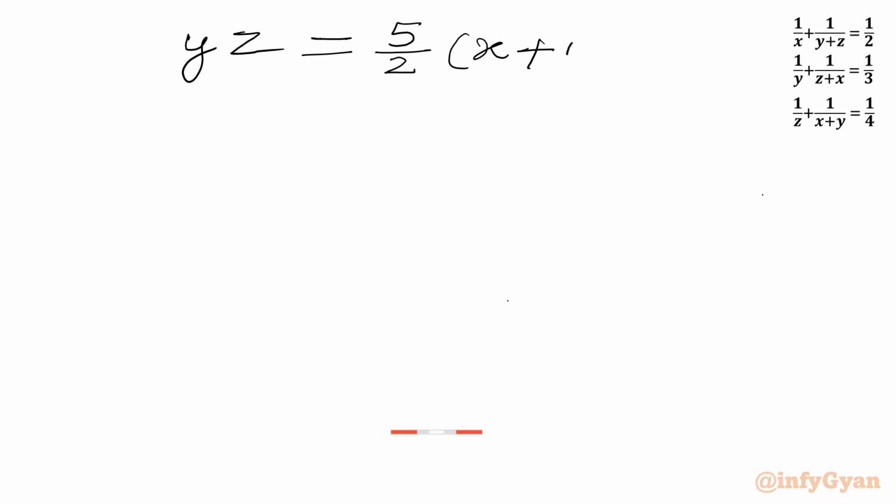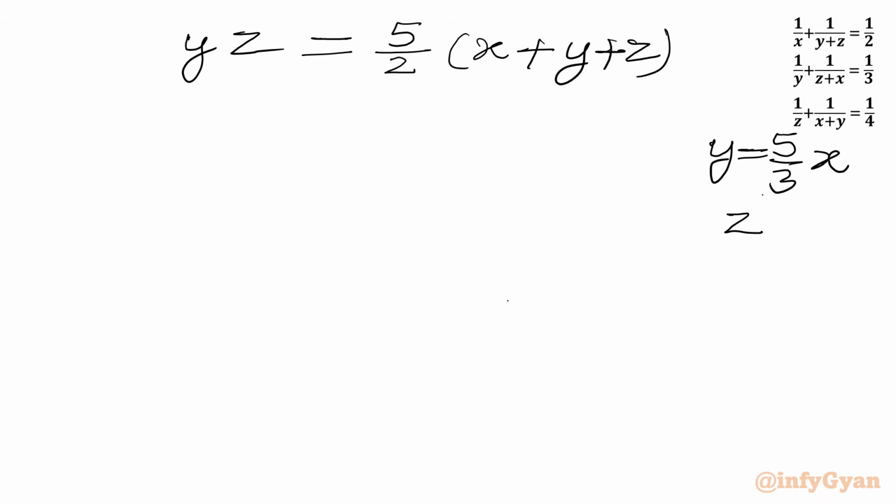I will be using our equation yz equal to 5 over 2 times x plus y plus z. We have y equal to 5 over 3 times x, z equal to 5x.